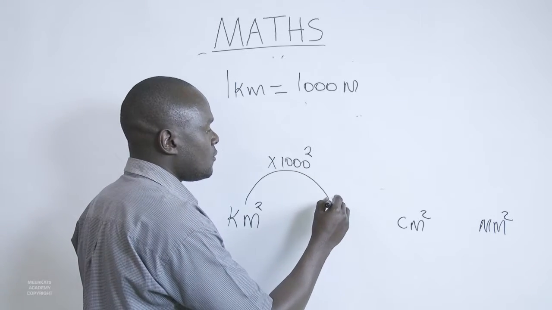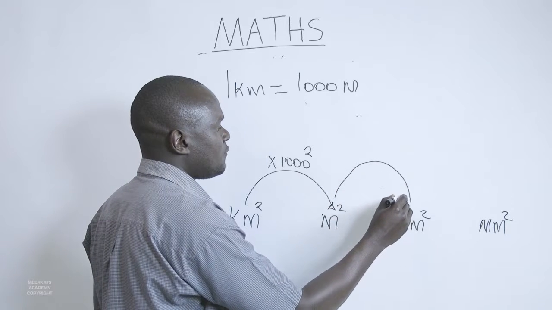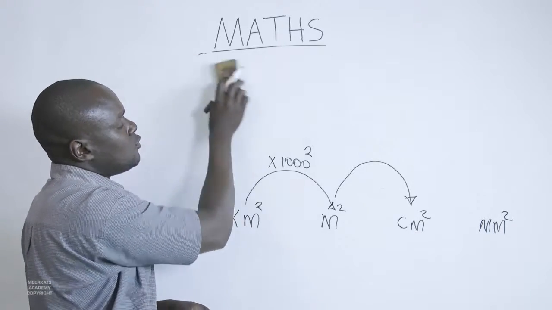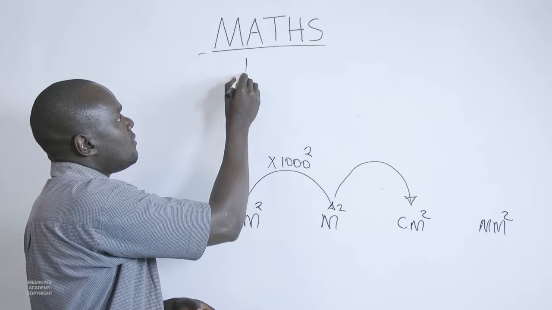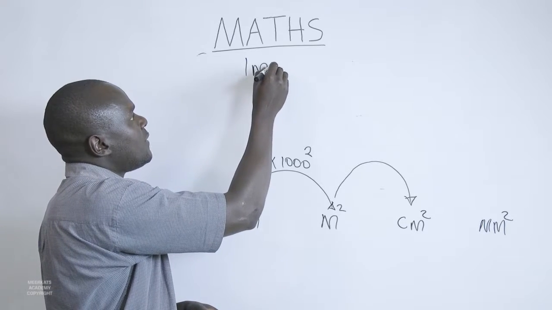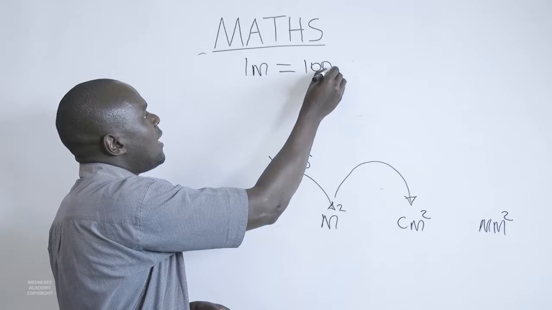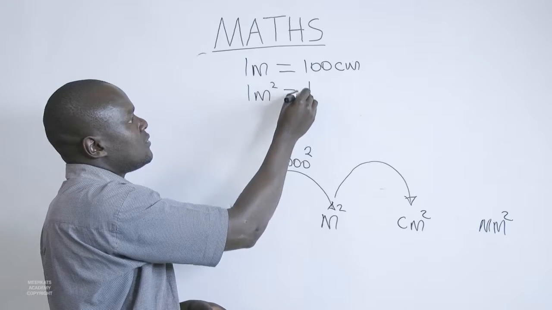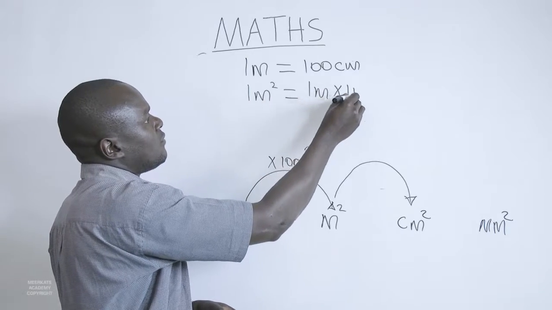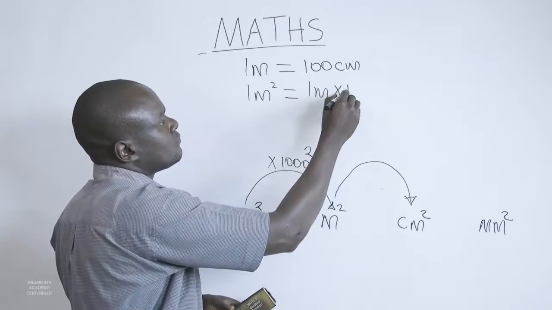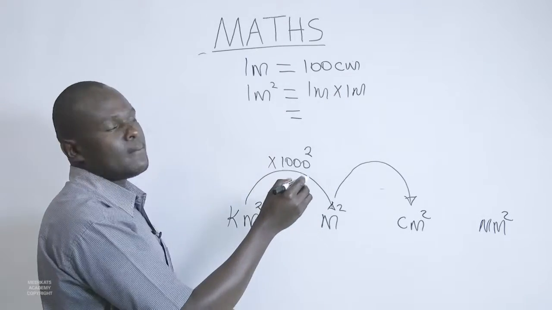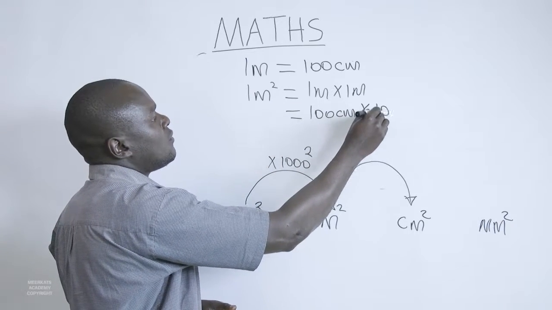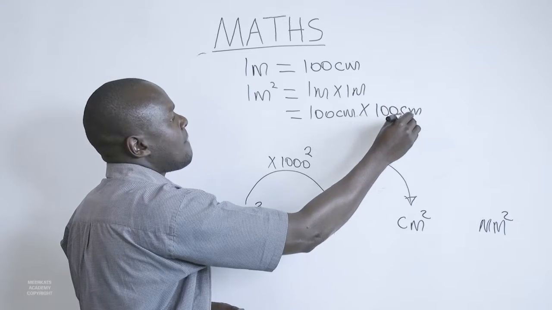We can apply the same when we want to convert from square meters to square centimeters. We will start by looking at how the units relate, that 1 meter is equal to 100 centimeters. Therefore, 1 meter squared is the same as 1 meter multiplied by 1 meter, which can be expressed as 100 centimeters multiplied by 100 centimeters.